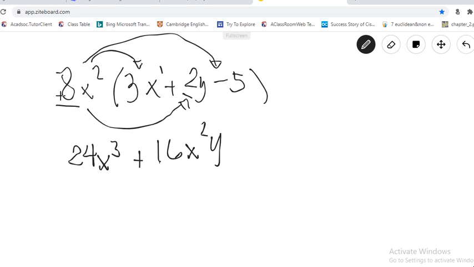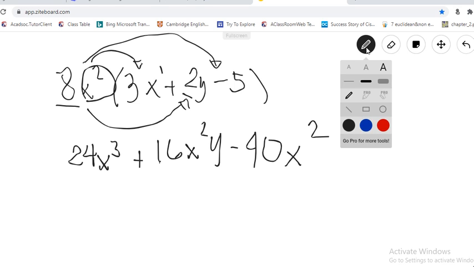And then lastly, we have 8x squared multiplied to negative 5. So this one is negative and this one is positive, so the sign will be negative. That is negative 40, and then let us copy the variable and the exponent, 40x squared. And that is already the final answer.